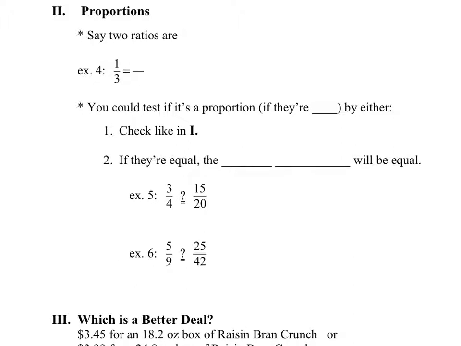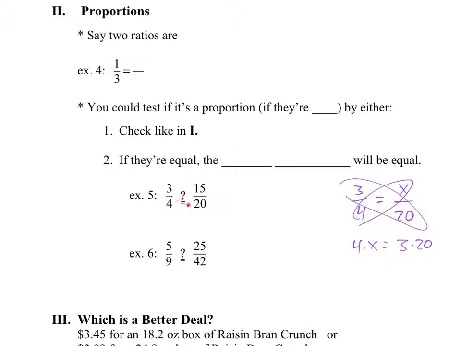The other way is if we had something like this. Do you guys remember doing, I wouldn't write this, but 3 over 4 equals x over 20? And we would cross multiply and divide. So we'd say 4 times x equals 3 times 20. And then we divide both sides by 4 to find what x is. So that cross multiplying works, that this times this equals this times this, if we know the two fractions are equal.